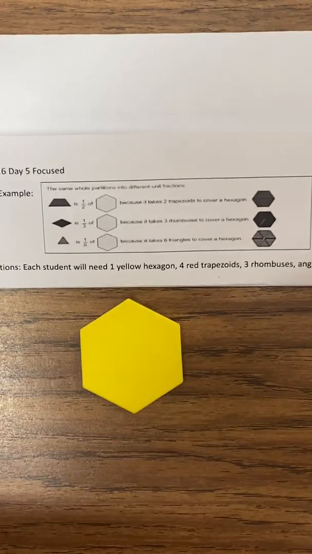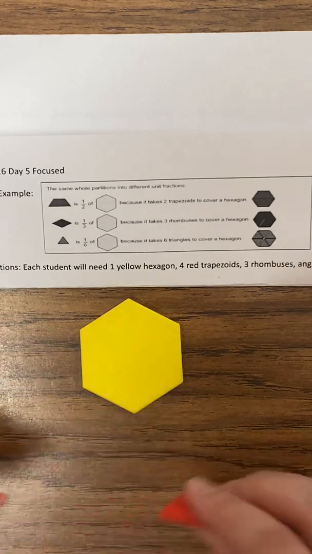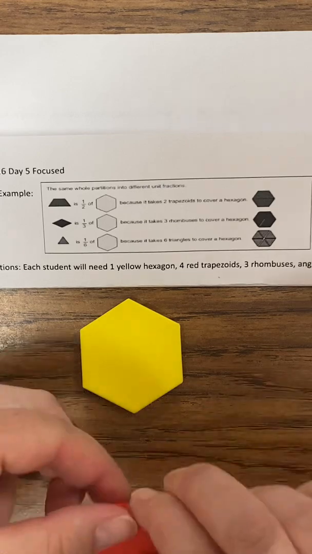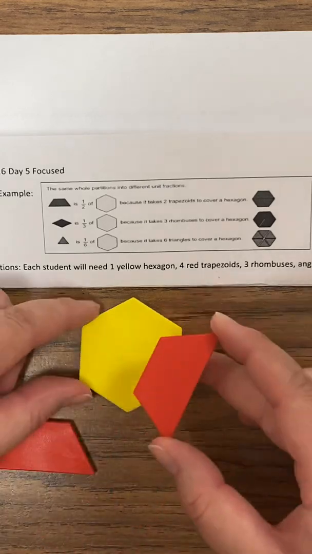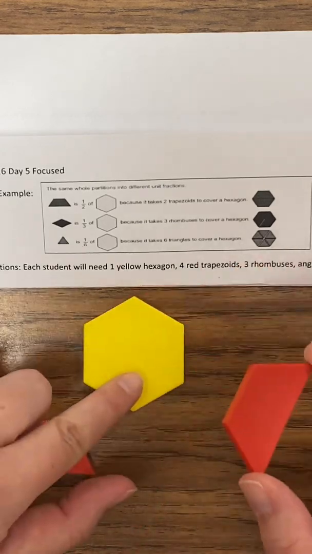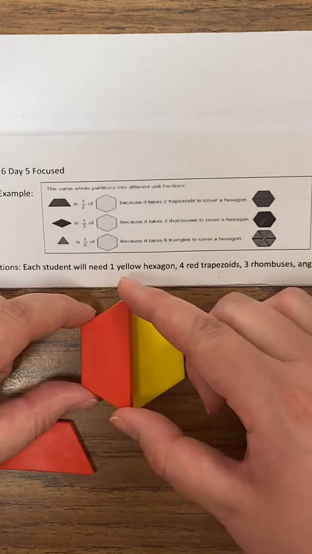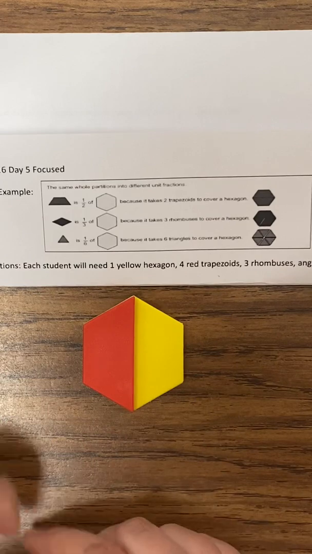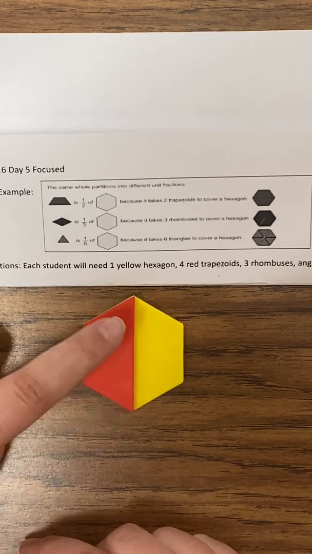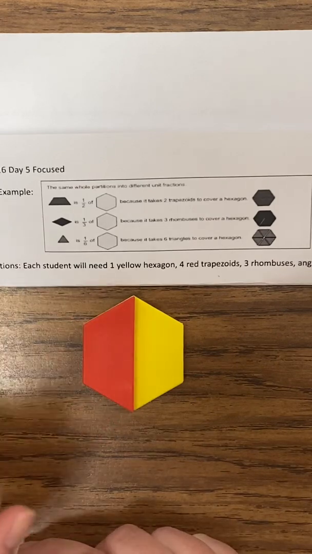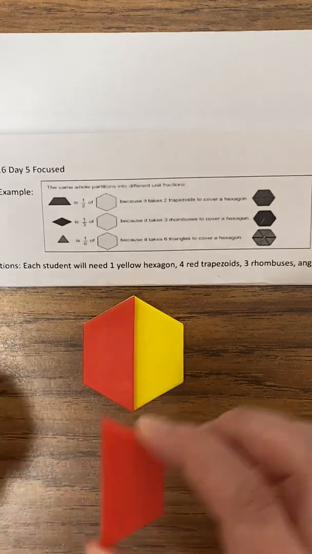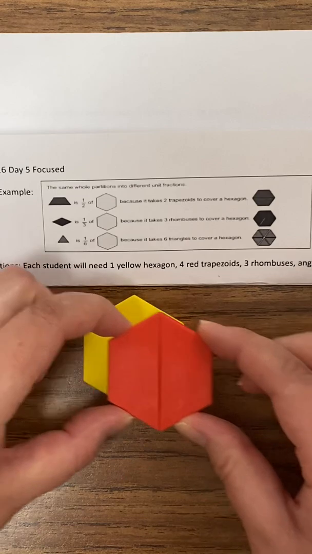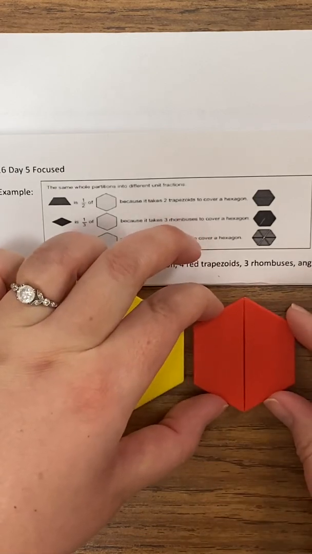And I have my trapezoids right here to help us, all right? So as you can see, if I cover this whole hexagon and lay a trapezoid, one trapezoid is half of a hexagon. Two trapezoids make a whole hexagon.